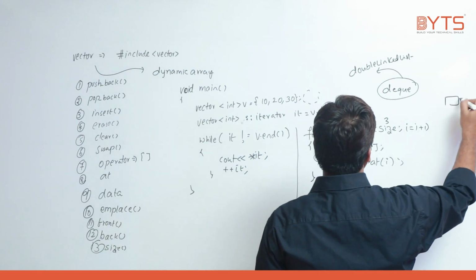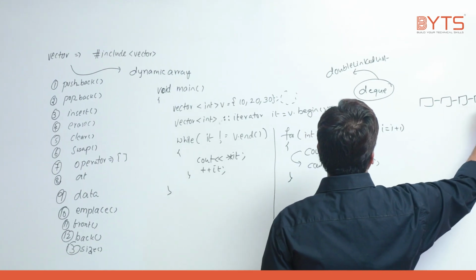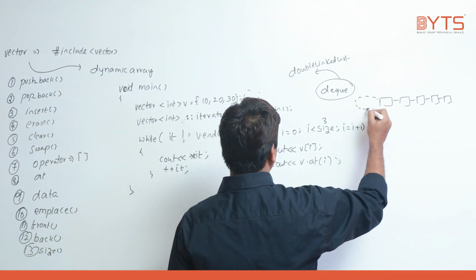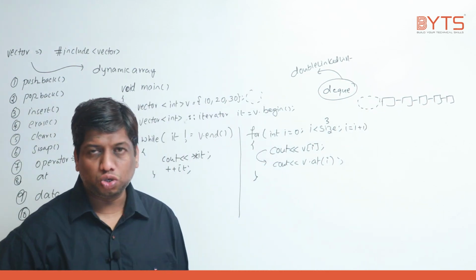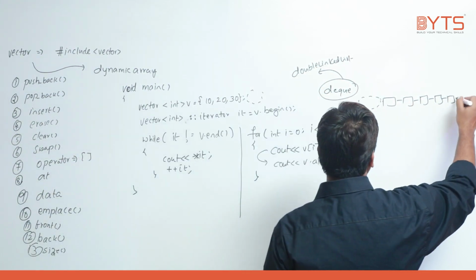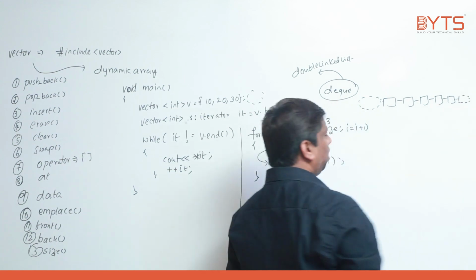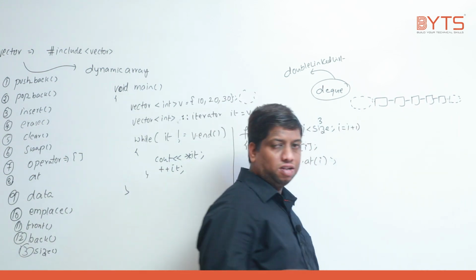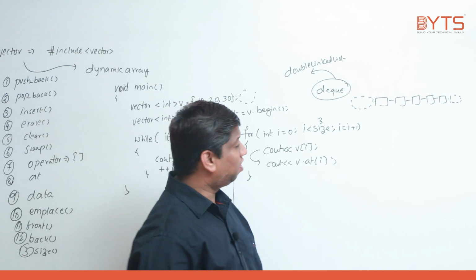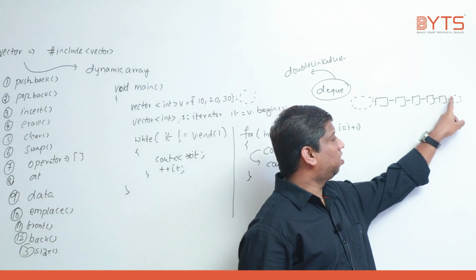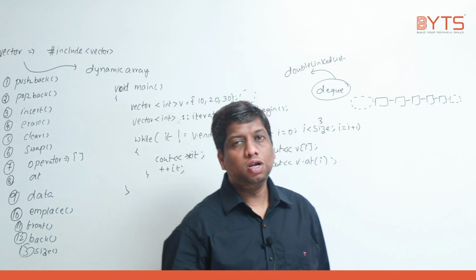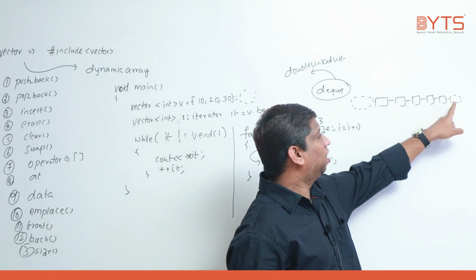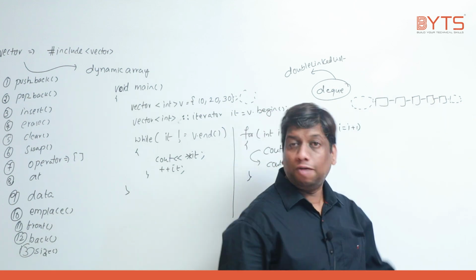So when there are elements like this, if you want to insert at the front, I can insert using the push_front function. If you want to insert an element at the end, push_back function, right? To insert an element here, we need O(1) time complexity. Here also, if you want to insert an element, we can use O(1) time complexity.